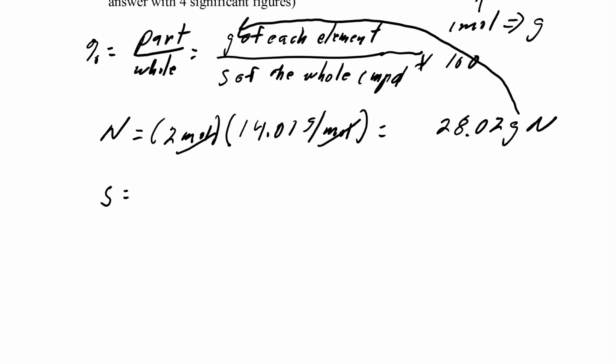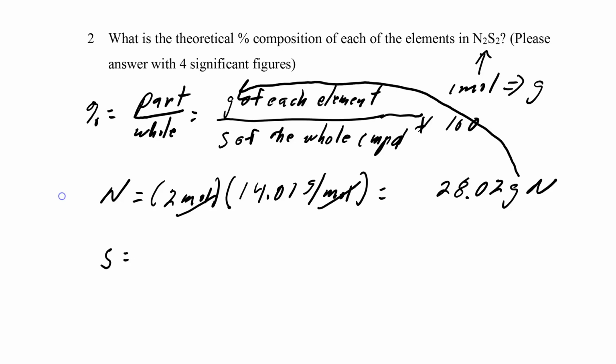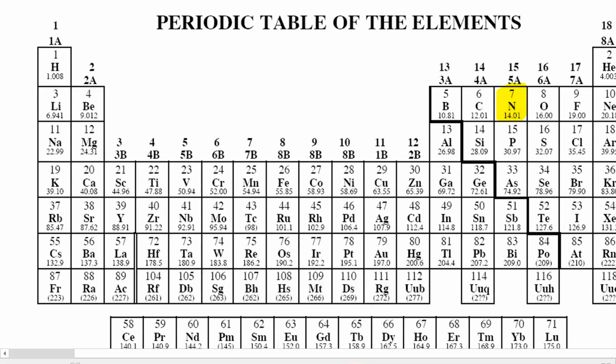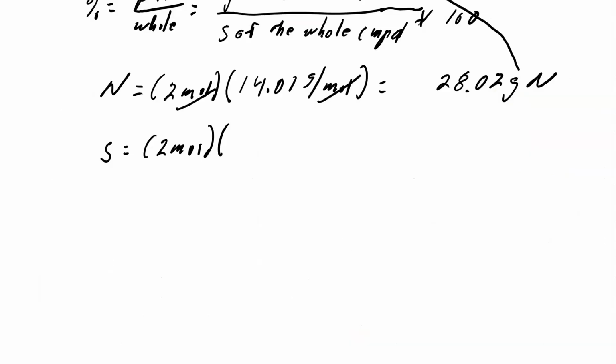We're now going to do the same calculation for sulfur. We also have 2 atoms of sulfur in 1 molecule, or 2 moles of sulfur in 1 mole of the compound. So I'm going to write 2 moles as well. And now I need the molar mass of sulfur. Going back to the periodic table, we saw sulfur already as well, 32.07 grams per mole.